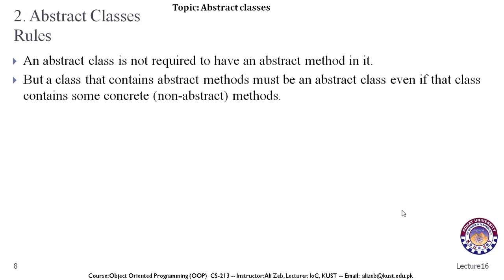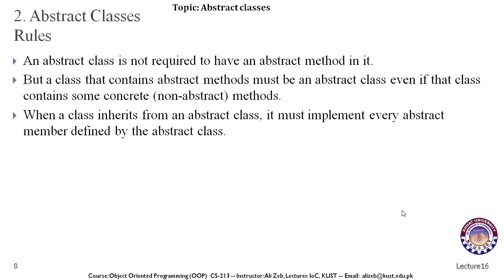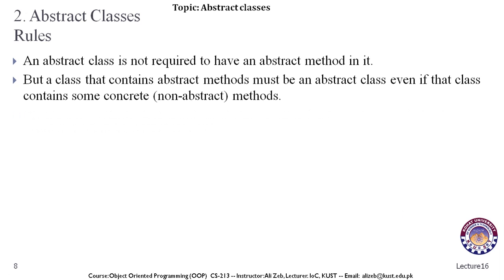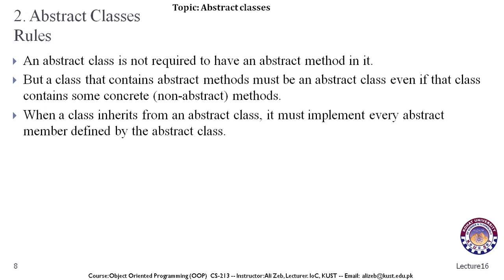As in our example, we had some implementations in our abstract class, but we also had some abstract methods in that abstract class. So in simple terms, if we include an abstract method in a class, we must declare that class as an abstract class. When a class inherits from an abstract class, it must implement every abstract member defined by the abstract class.